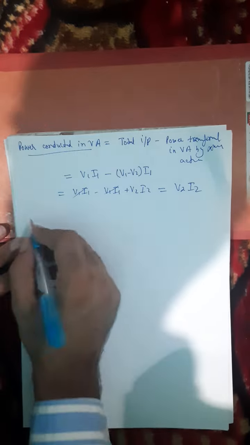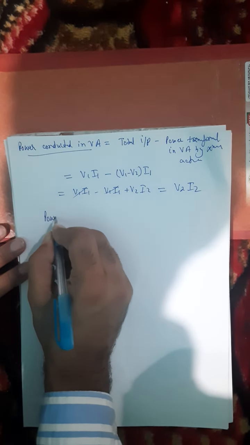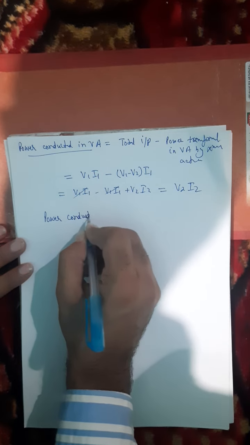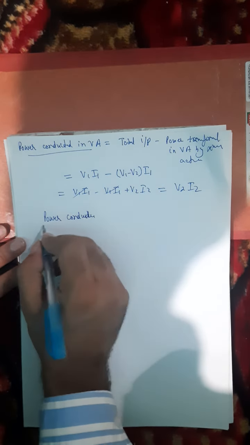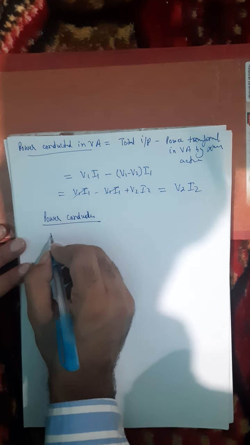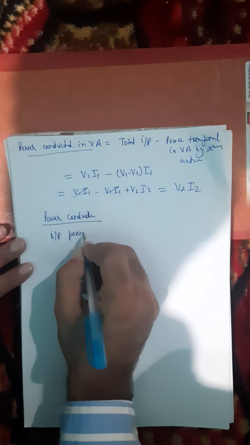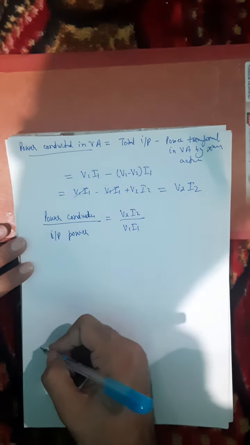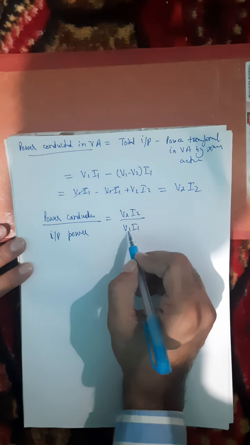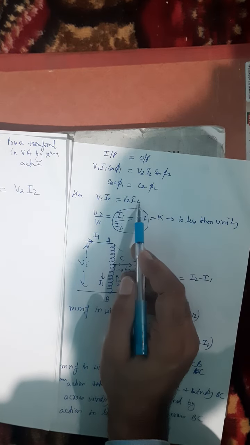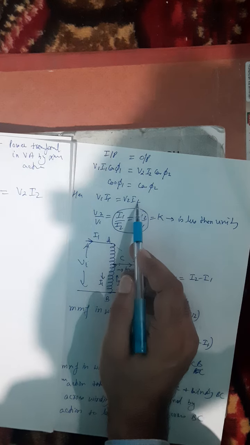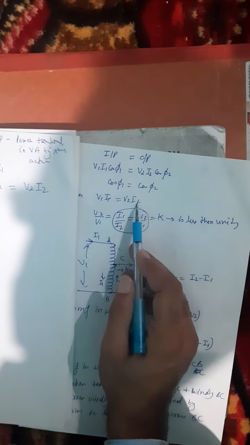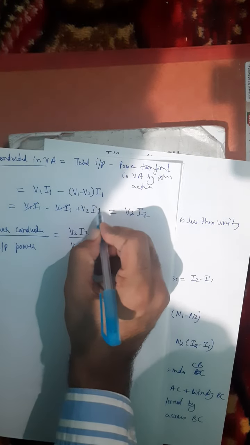Okay, so since we know the power that is conducted directly and we know the power that is transformed using transformer action, I can say that the power conducted divided by input power, conducted is V2 I1, sorry, I made a mistake, that's why I got confused.